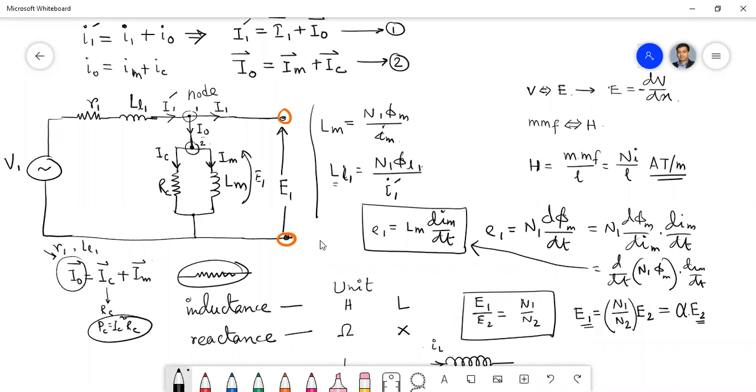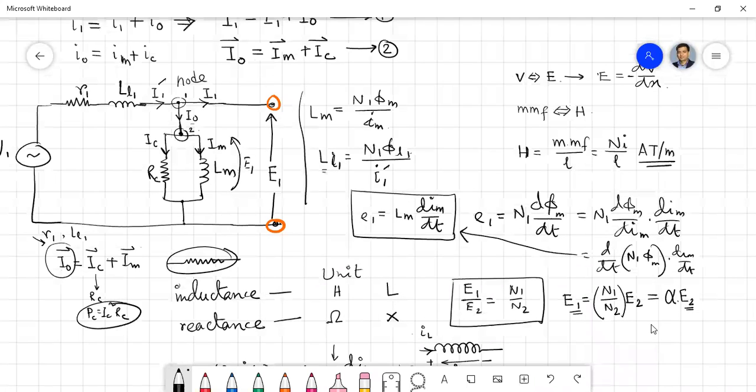Okay, sir. But if we show that, what else can we show there? So this E1 we can show there. Let me first draw the other part of the circuit, then I will come back to this. So I think you have understood this.